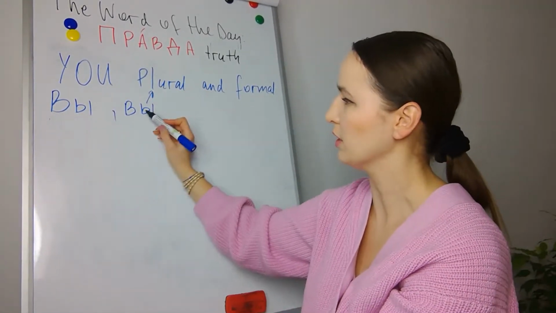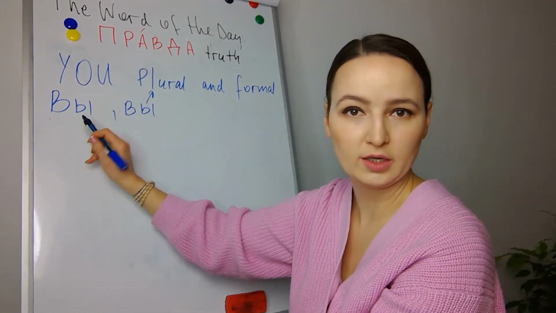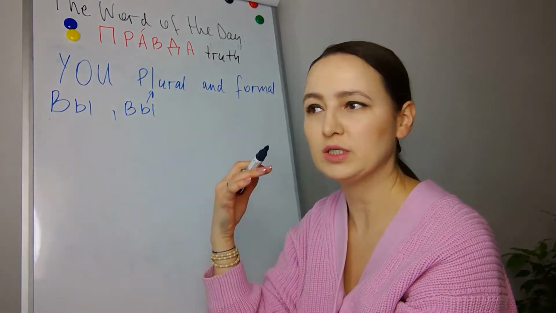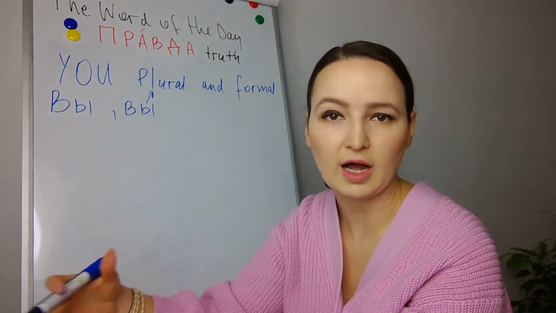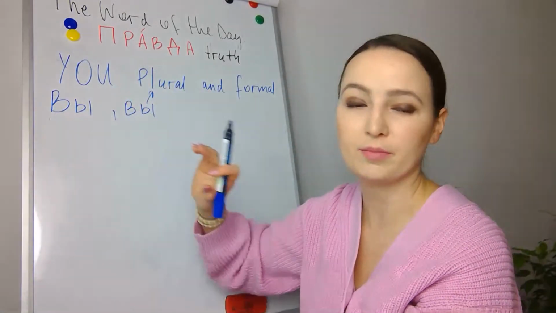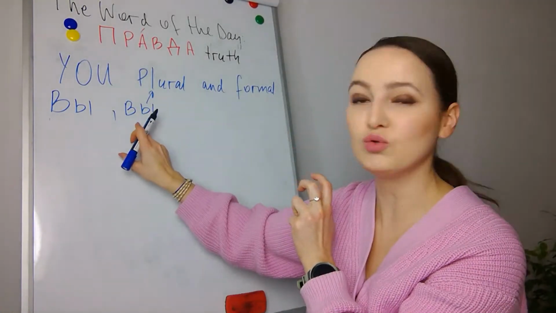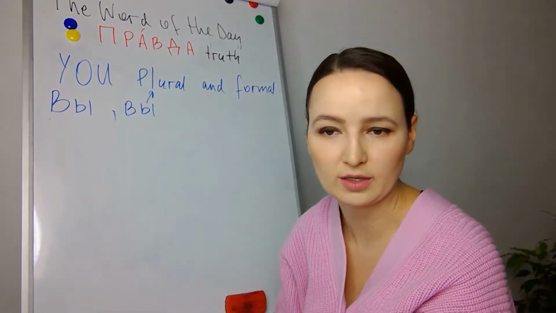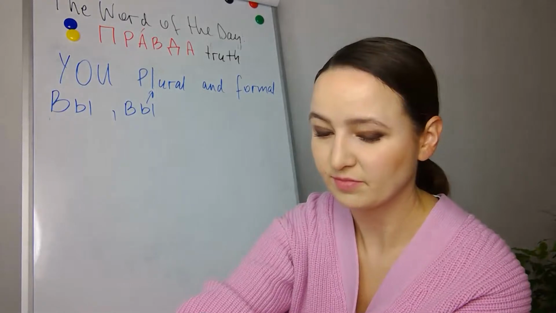Formally, you will talk with someone you just met, with your teacher, with your doctor, with your boss, and so on. With family members, with more than one person, you will use вы, you in plural. Хорошо, пойдем.